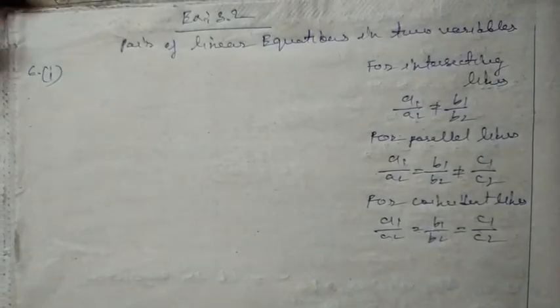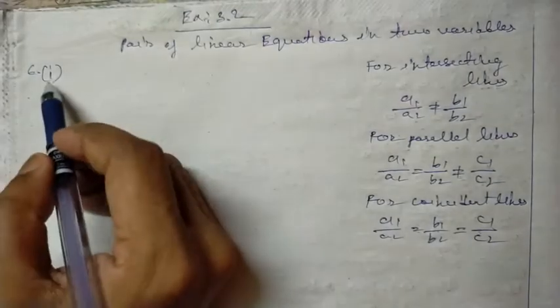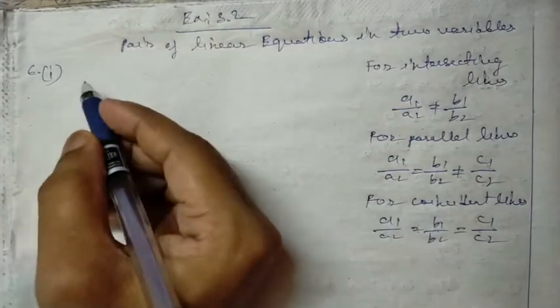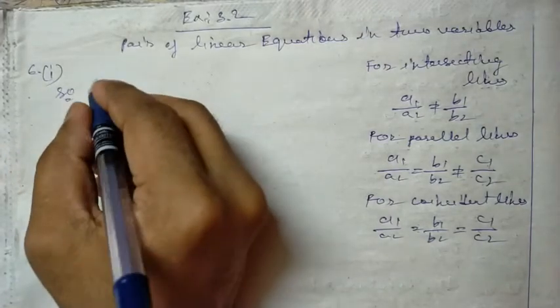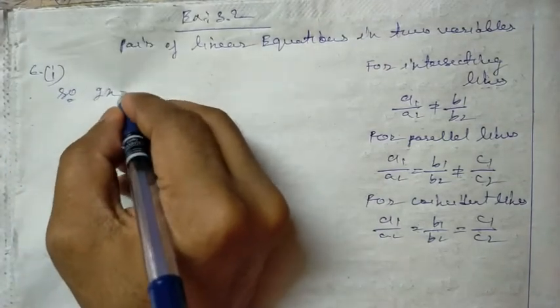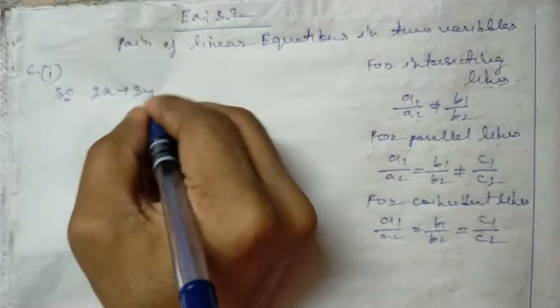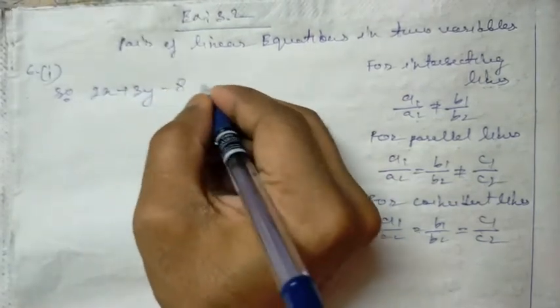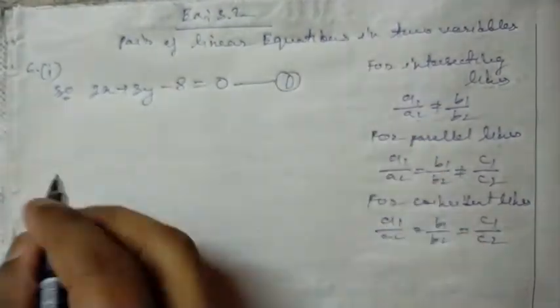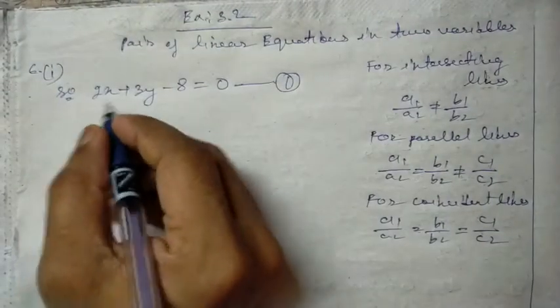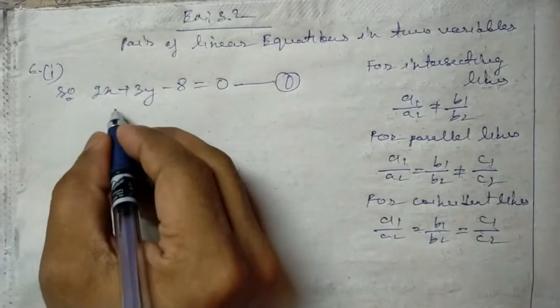Now we are going to do number 1. The first equation is given: 2x + 3y - 8 = 0. This is our equation number 1. For intersecting lines we have to take another equation.